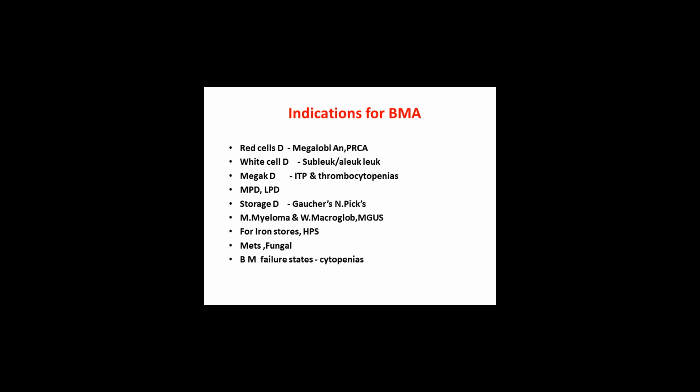Others include myeloproliferative neoplasm, sometimes to diagnose storage diseases, especially in young children, other malignant conditions like multiple myeloma and Waldenström macroglobulinemia, to look for metastatic deposits, or to rule out bone marrow failure states.